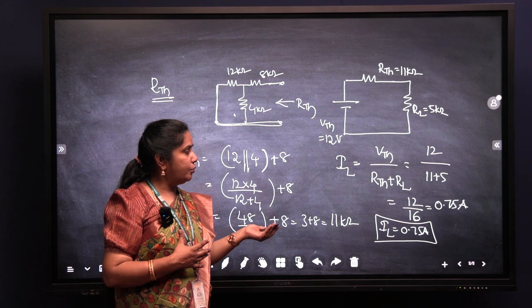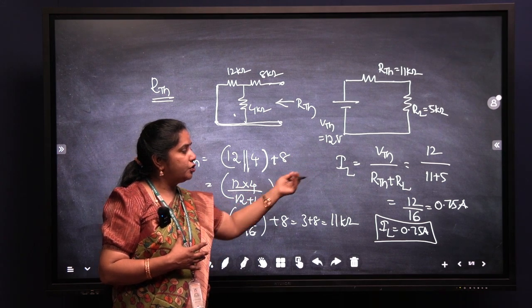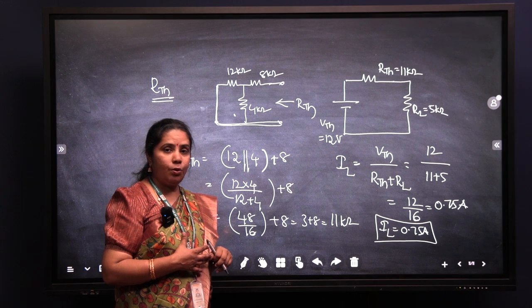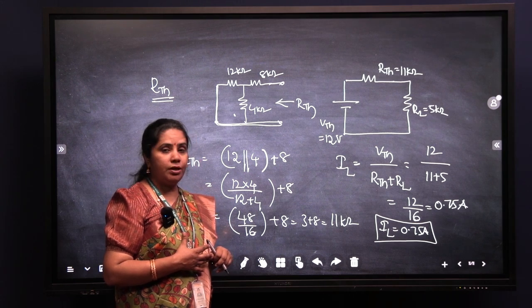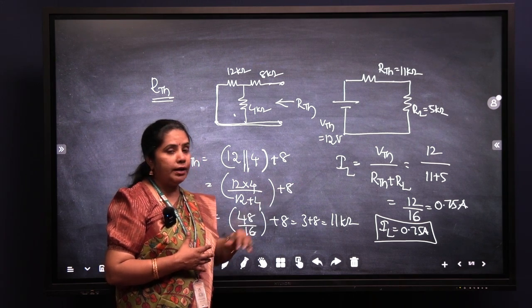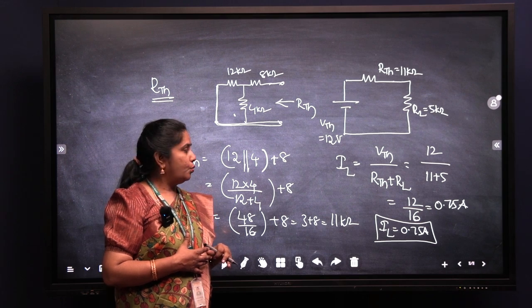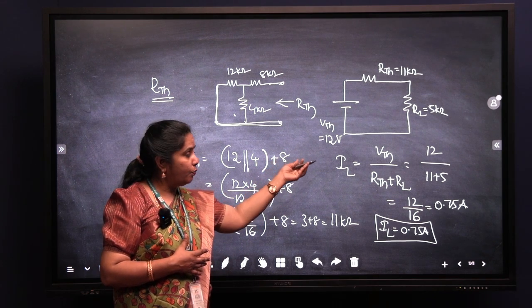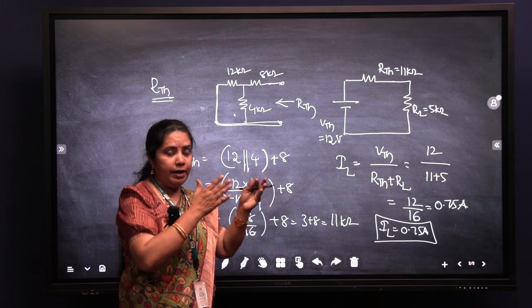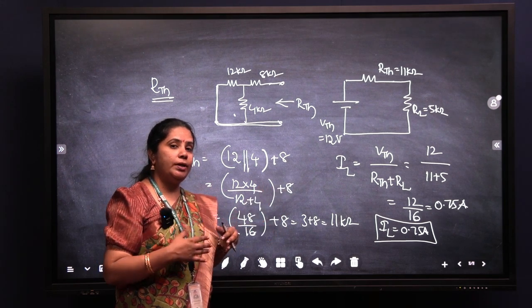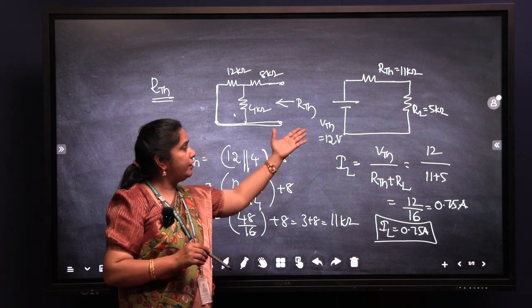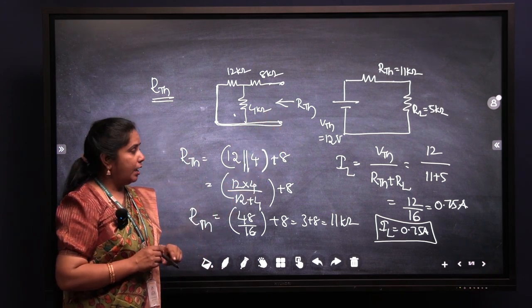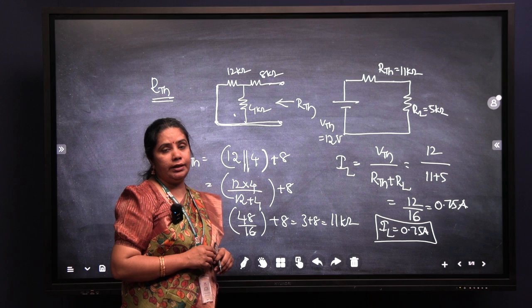The formula to calculate the load current is VTH divided by RTH plus RL, where VTH is the open circuit voltage, RTH is our Thevenin's resistance, and RL is the load resistance. Just by calculating the two steps, VTH and RTH, we can represent our complex circuit as a simple circuit with one single voltage source and two resistors connected in series. By applying this formula, you can calculate this value.